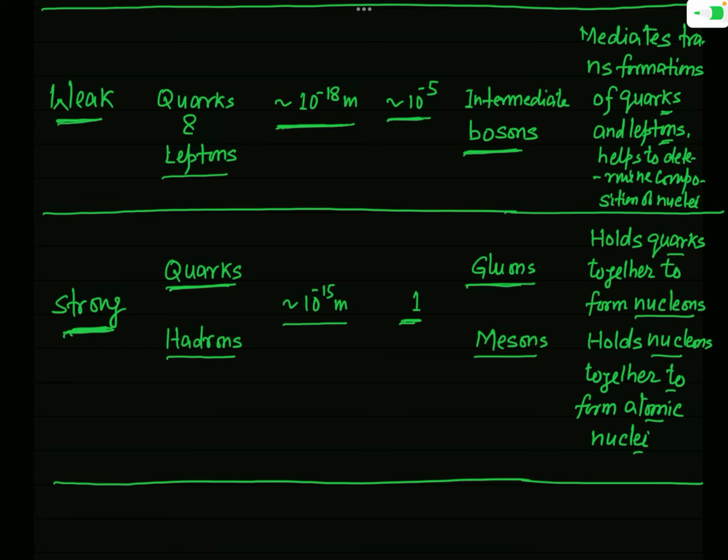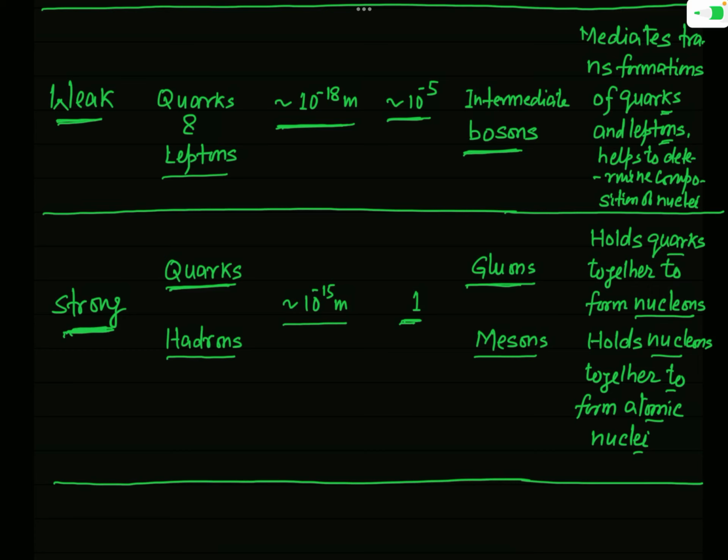So I hope by this tabular form you can remember all the important properties of these four types of interactions. As I have told you earlier, in this lecture we will see only the details of the gravitational interaction, not the other three important interactions, which are the interactions of nuclear physics.